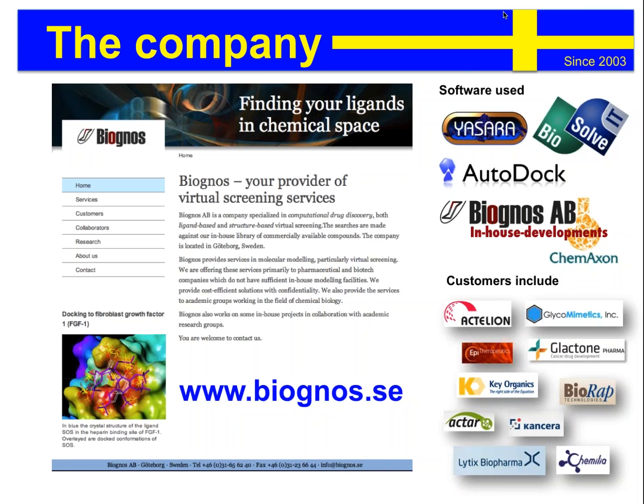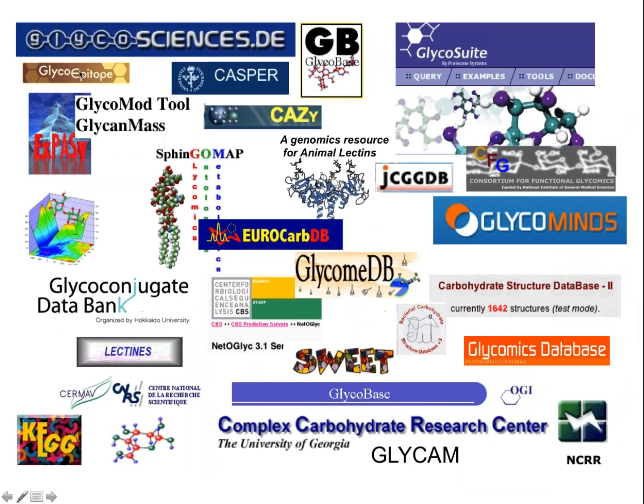Before I joined Biognos, I was in a field called glycomimetics, and as you can see from that slide, there's quite a significant amount of different initiatives going on in the glycomimetic field.